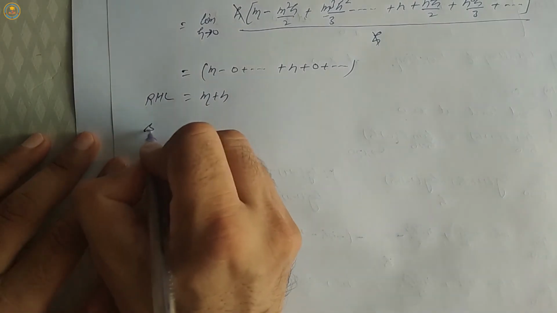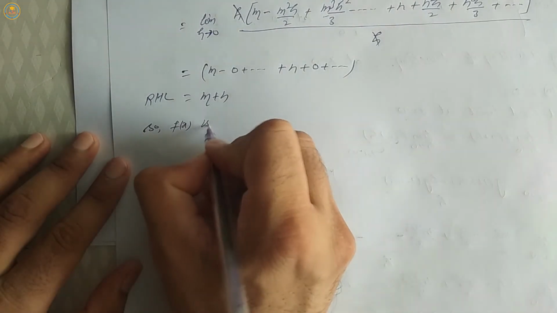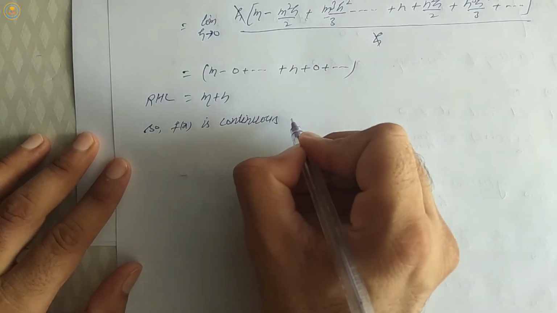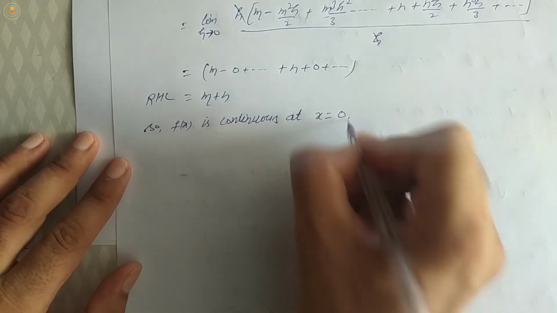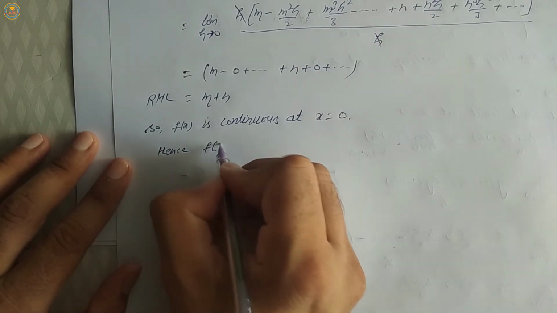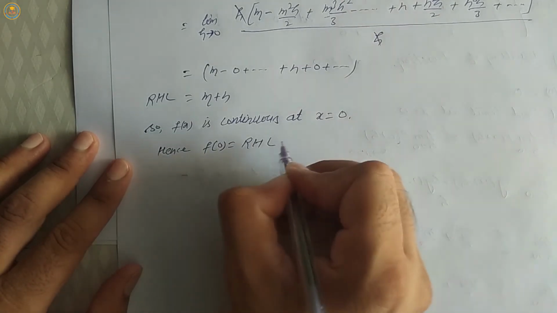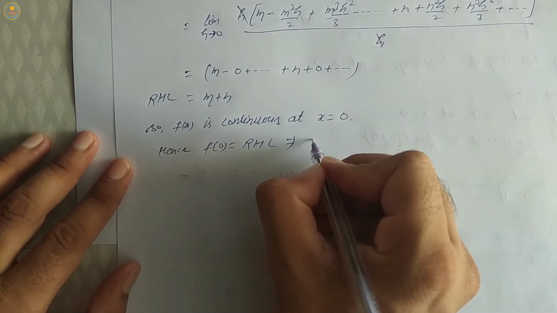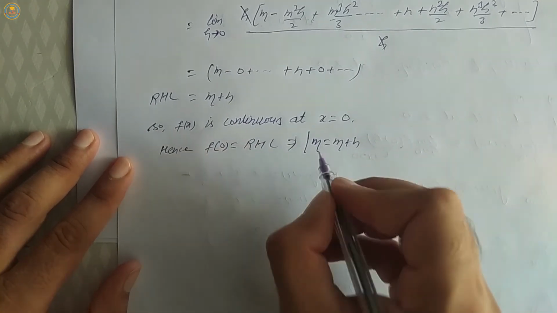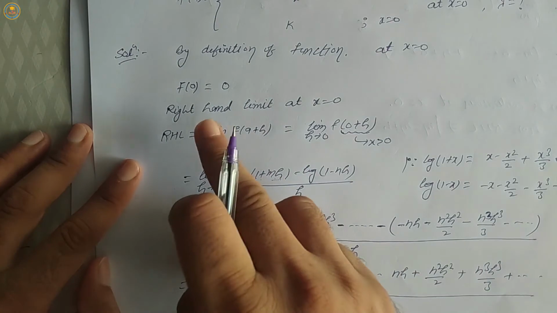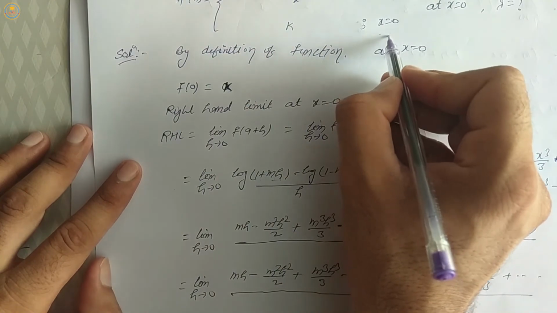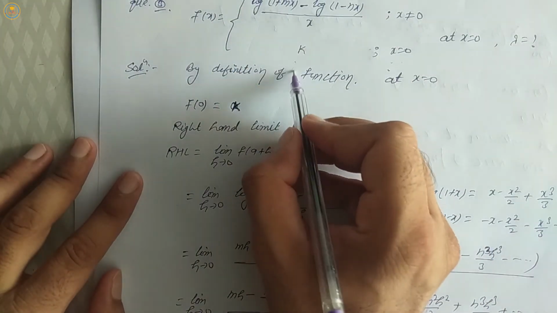So f(x) is continuous at x is equal to 0. Hence f(0) is equal to RHL. Sorry, f(0) is equal to k, because when x is equal to 0, the value of f(x) is equal to k.